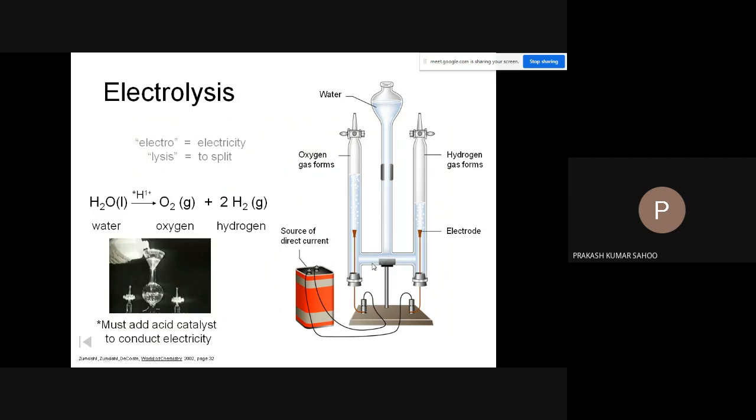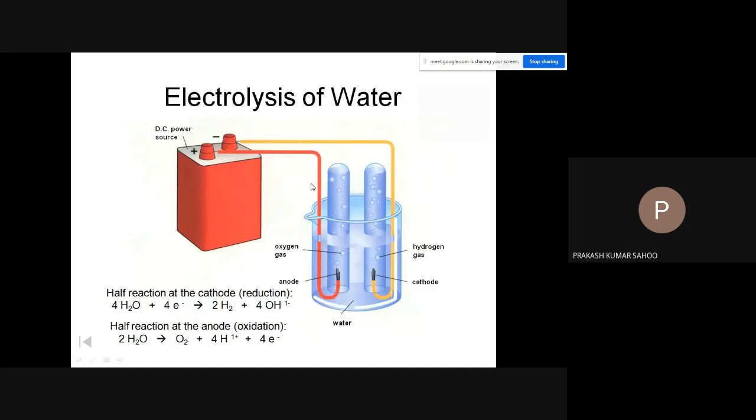So this process will continue: H plus, OH minus, water, and from water, oxygen here and hydrogen here. Hydrogen formation is a reduction, the addition of electrons, and oxygen formation is an oxidation, the removal of 4 electrons.